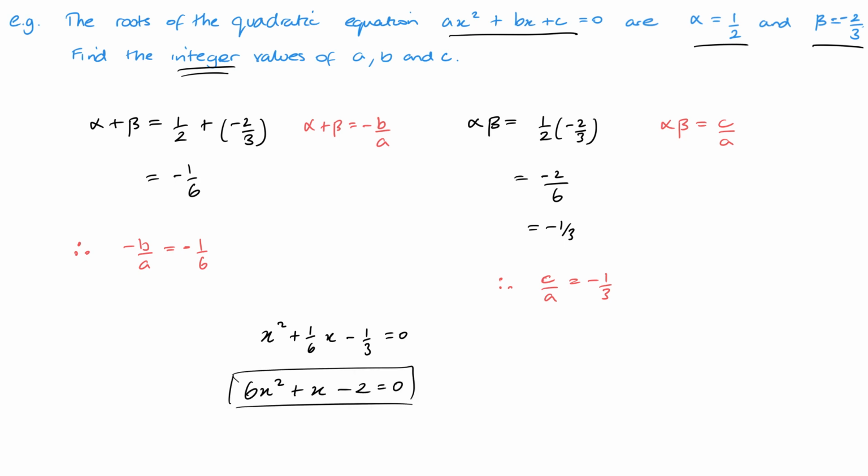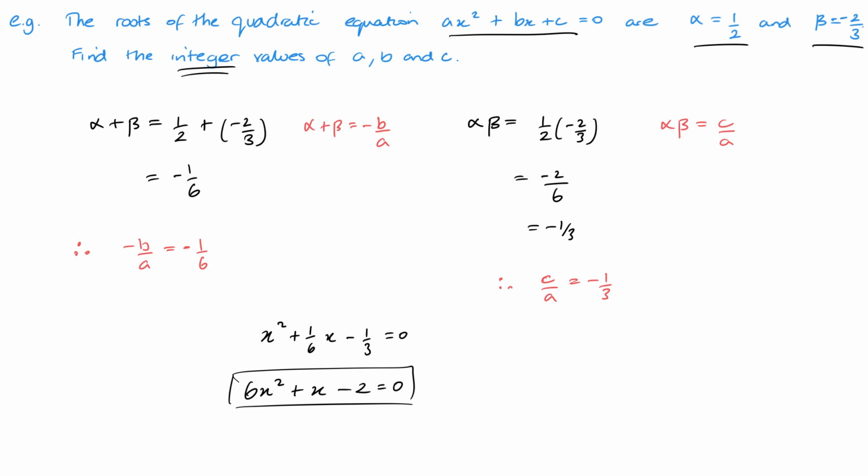So you get 6x squared plus x minus 2 equals 0. And that is one possible scenario, one possible equation. Obviously I can have multiples of this. Okay, so I could have multiplied through by anything where these two are common. So I could have multiplied through by 12, I could have multiplied through by 18, and so on, okay, to get equivalent equations.